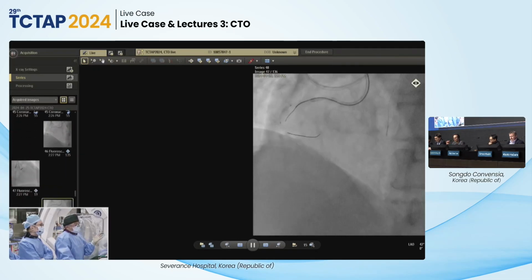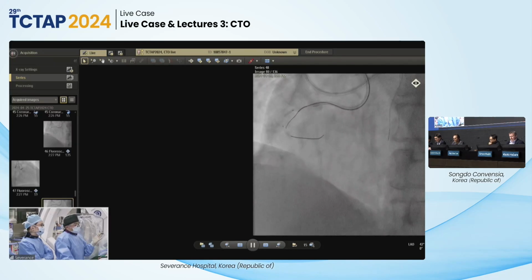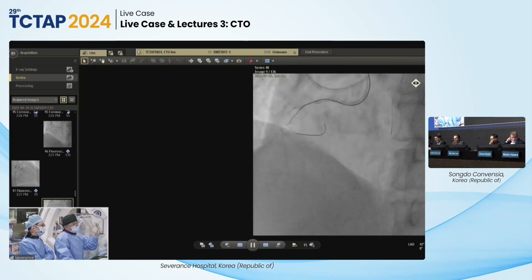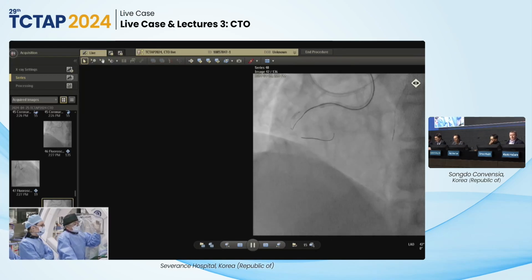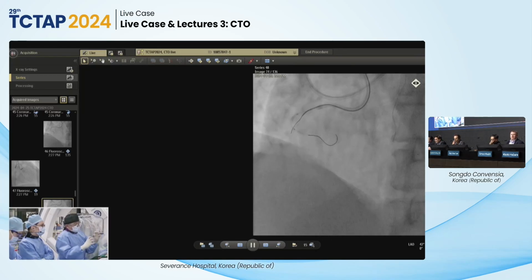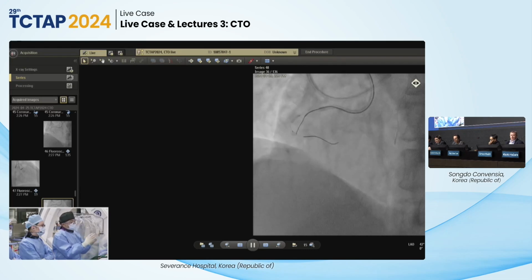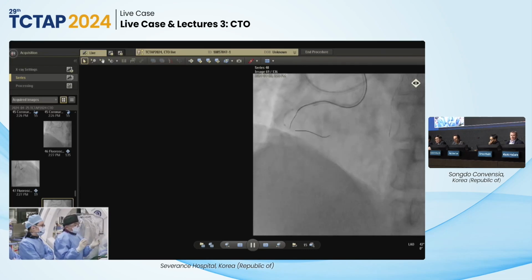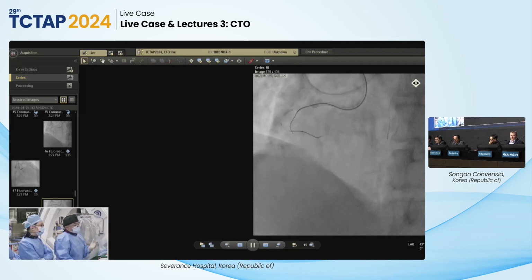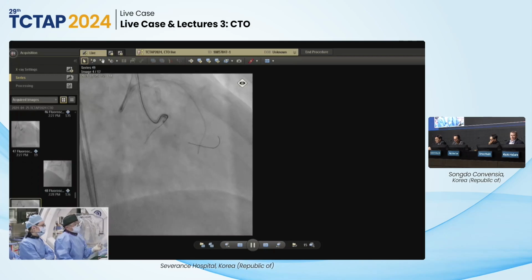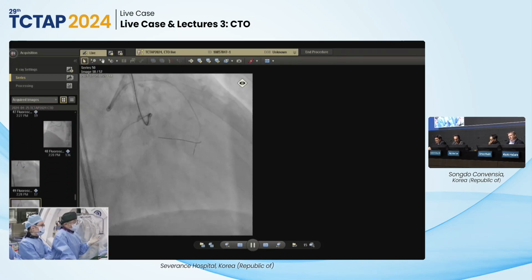And from the previous CT MPR images, the connection between the main CTO and the side branch is just a straight way, so I can advance the Corsair Pro, and after that advance a little bit forward using antegrade wiring.